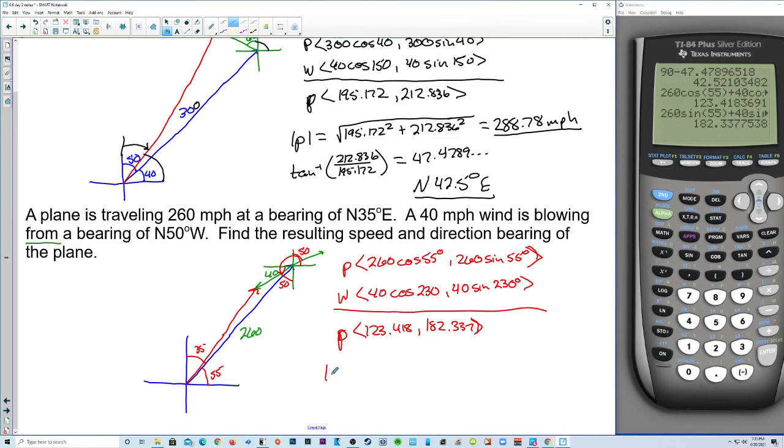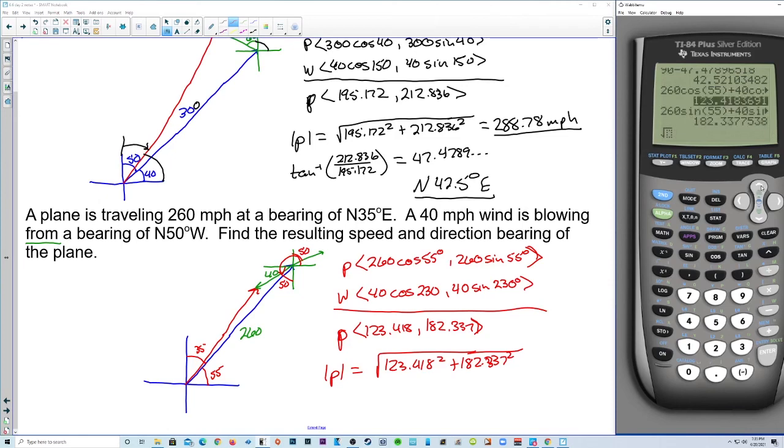The magnitude of P is equal to the square root of 123.418 squared plus 182.337 squared. So we'll go square root and we'll grab the 123, square that, plus go up to this one and square it. And there's the magnitude. So the speed of the plane is 220.18 miles per hour.